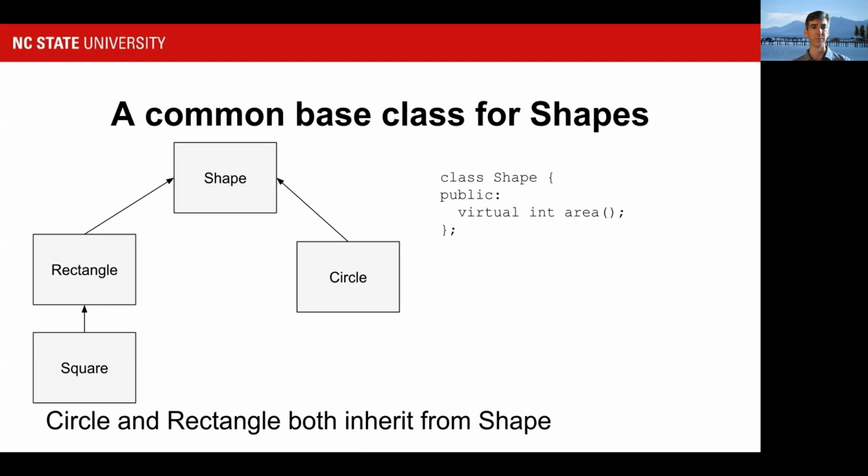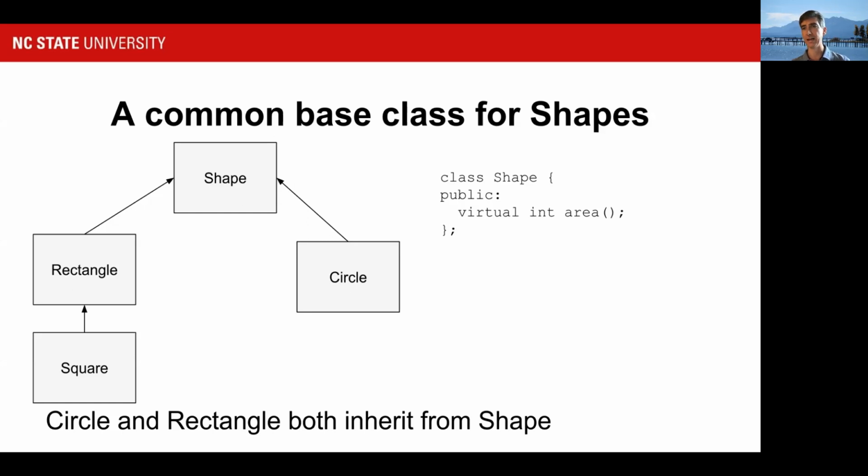And so we might end up with a class diagram, something like this. So we have square that inherits from rectangle, we have rectangle that inherits from shape, and we have circle that inherits from shape. And then maybe we would have a base class called shape that would specify that it contains a virtual function called area.